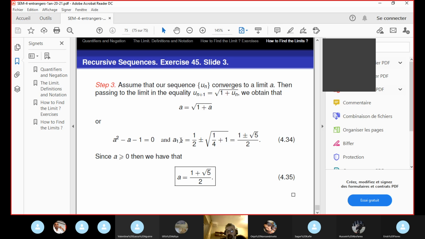So we pass to the limit under the square root, and we have 1 plus A. Is it clear? Because it is important here.